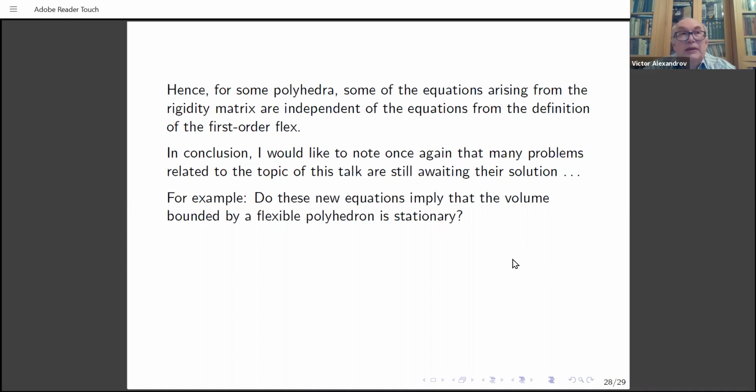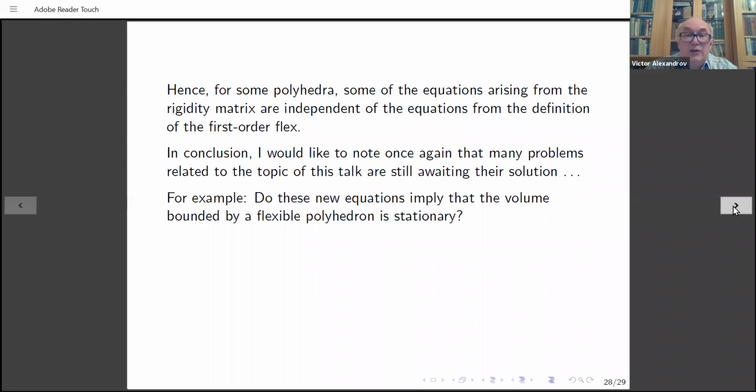We do not know any proof of this theorem that uses first or second or higher order flexes.